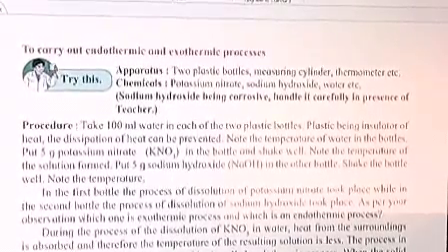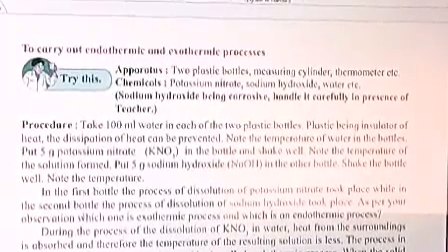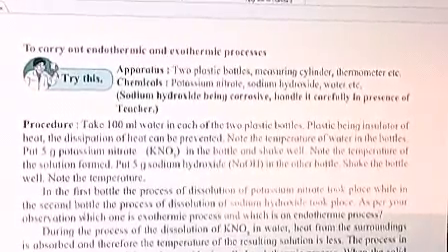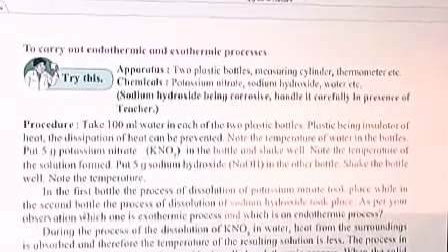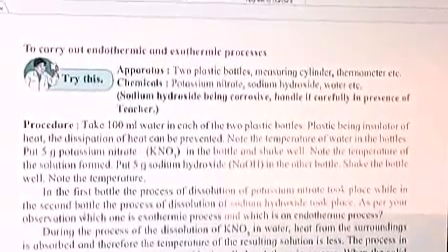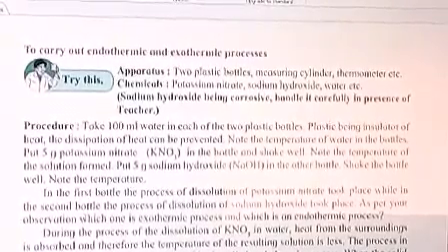Another example: in 100 ml water taken in a plastic bottle, add a few pellets of sodium hydroxide. Shake well. You will find the solution becomes warm.